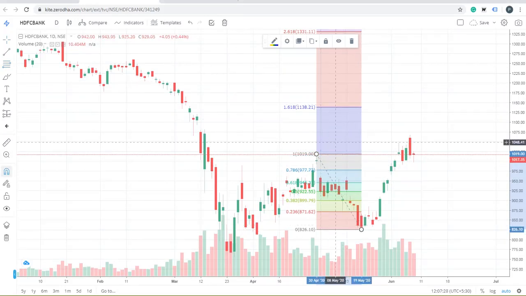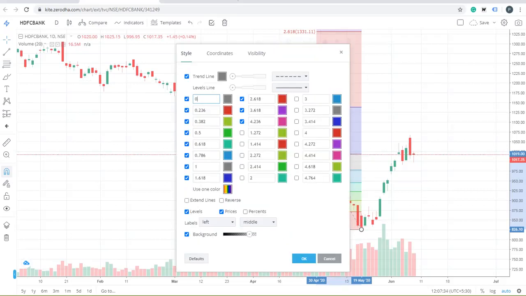It will give you some horizontal lines. Double click this pattern. You can check the Fibonacci ratios so that they all get plotted on the chart.